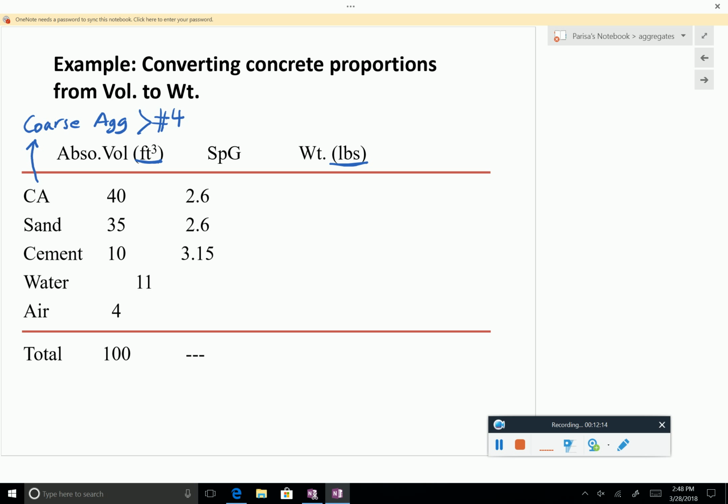We want to see, for 100 cubic feet of concrete, how much it weighs, and what is the partial weight of each component. Work together.